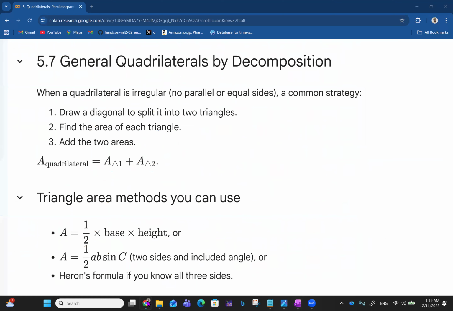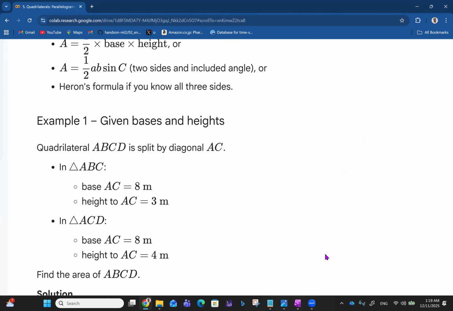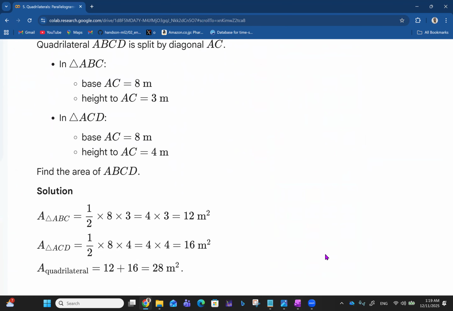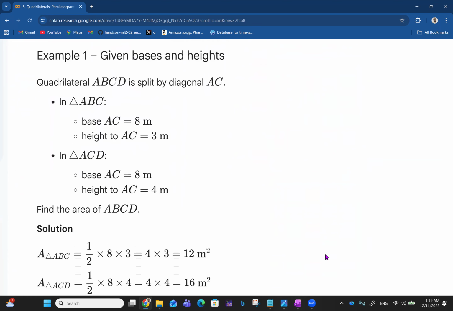So that's that. Now example one: you are given base and height. A quadrilateral ABCD is split by diagonal AC into triangle ABC and another triangle. I need to draw something out here to make it as clear as possible.